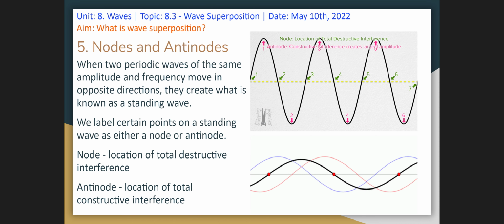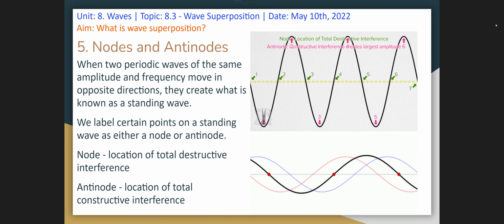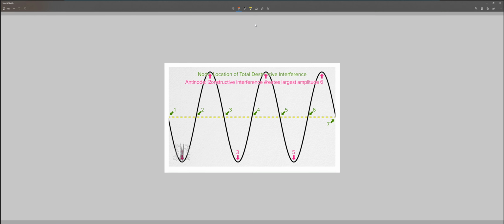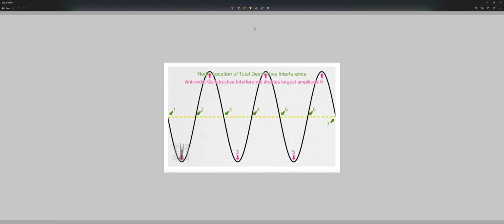In a standing wave, we label points and call certain points nodes or antinodes. Nodes are essentially the locations of total destructive interference, where you're going to have no amplitude at all.